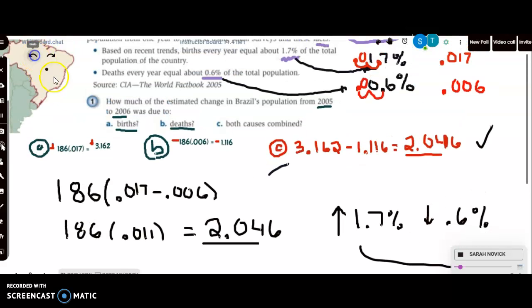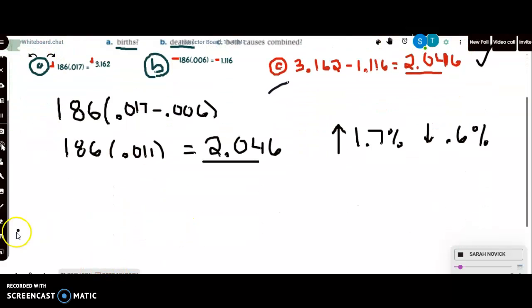Let me show you the math. 1.7% minus 0.6% is going to be equal to 1.1%, or 0.011. Same thing we got there.